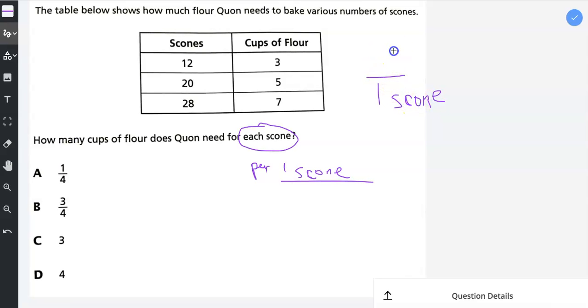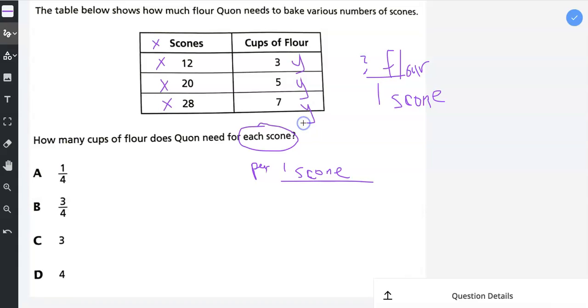So they're asking us how much flour is needed per 1 scone. So we would take the flour and divide it by the number of scones. And that would make sense with this table because if you label it, all of these values on the left are x, and all of these values on the right are y.